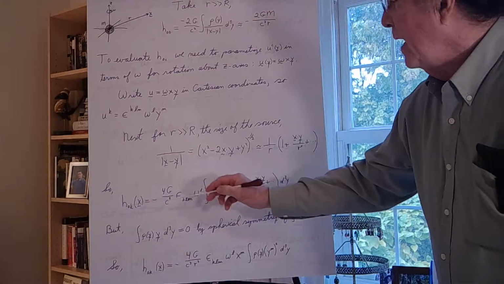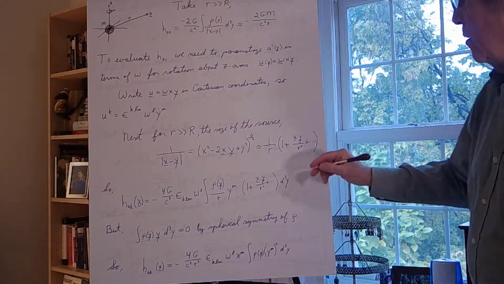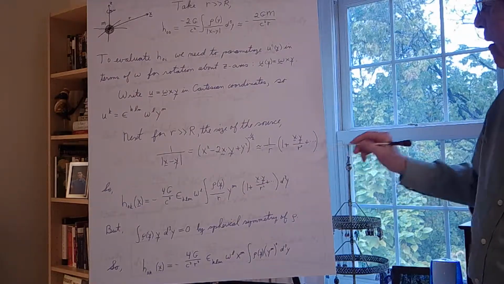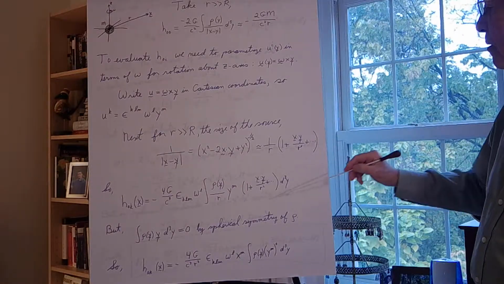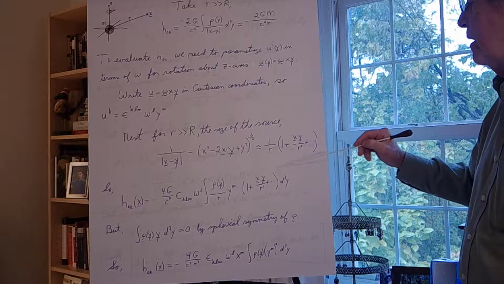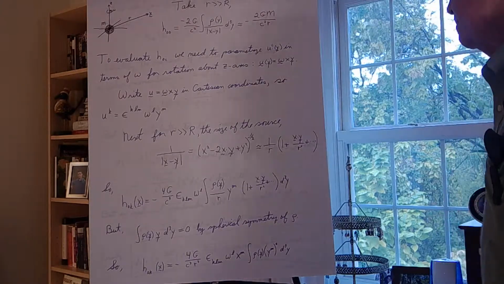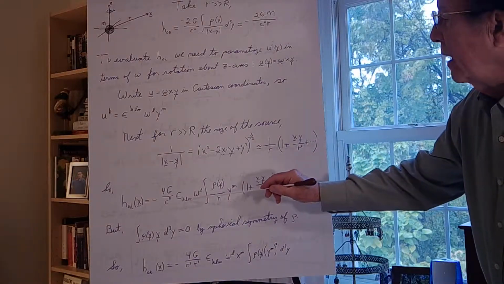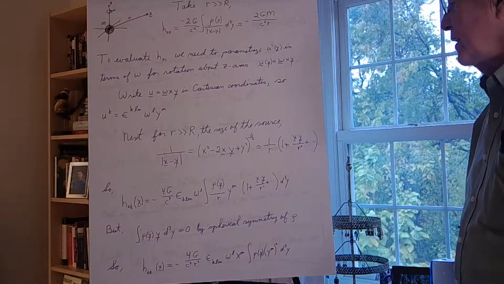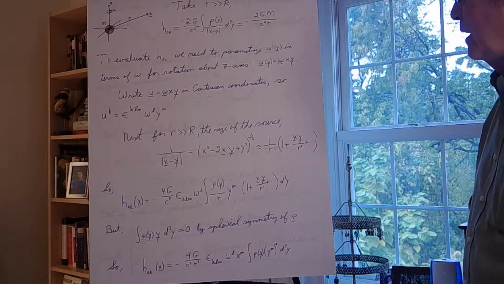And so then h0k is equal to this, where here I have the 1 upon r from this, and then I have the correction, which weighs the different bits of the source differently. Here k, l, and m are just indices going from 1, 2, and 3 to label my x, y, and z axes.